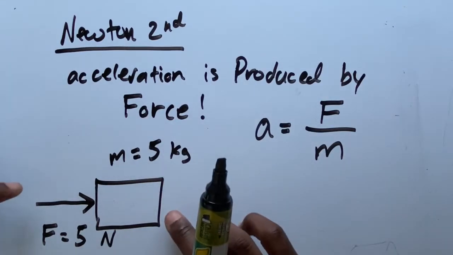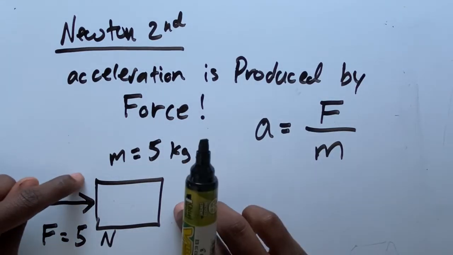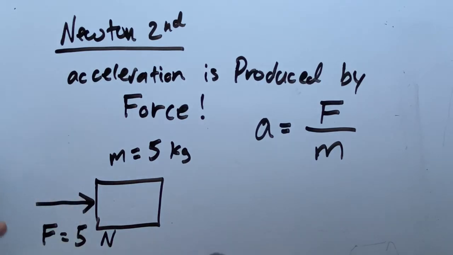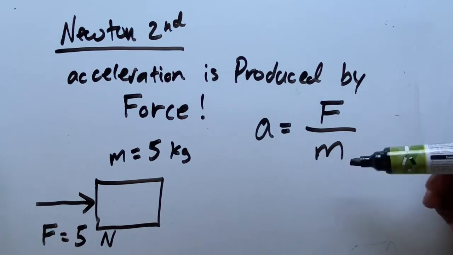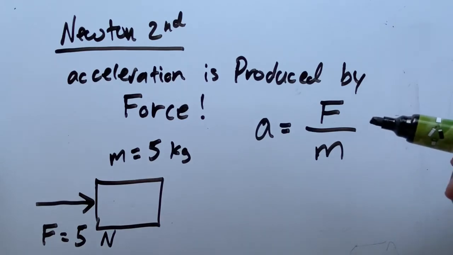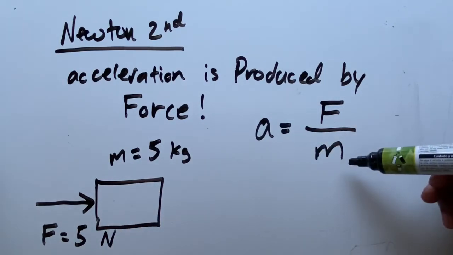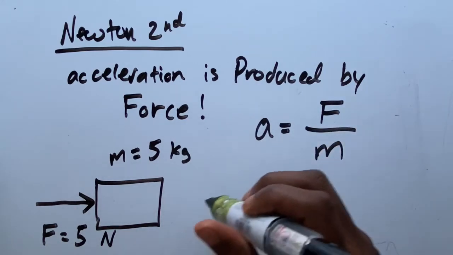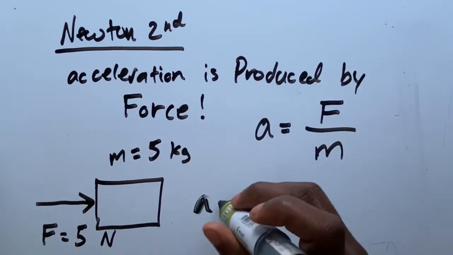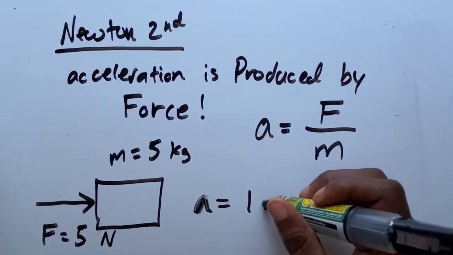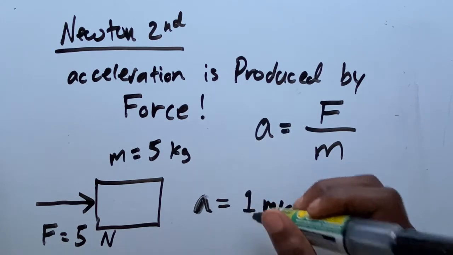So if you push on this 5 kilogram block with 5 newtons of force, how fast is it going to accelerate? Well, using Newton's second law, all we have to do is divide the force by the mass. So taking 5 divided by 5, it's going to give us an acceleration of 1 meter per second squared. Boom.